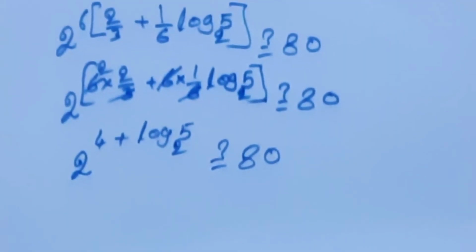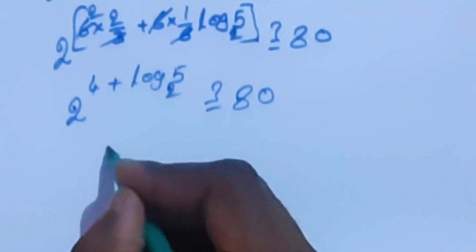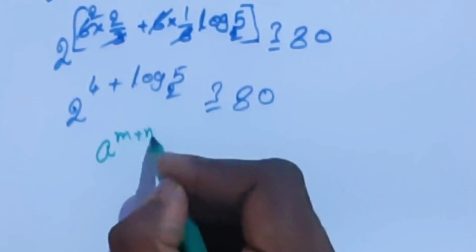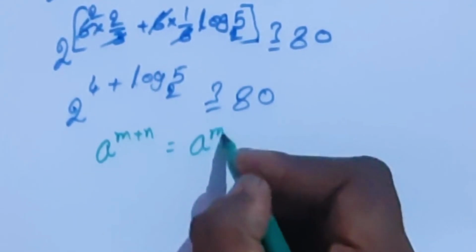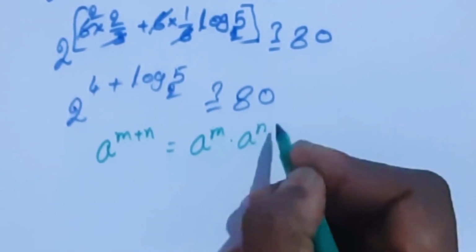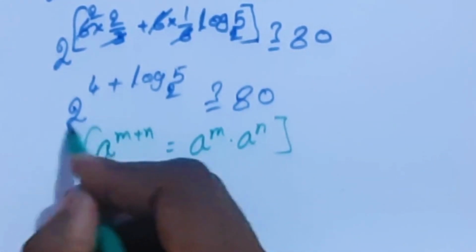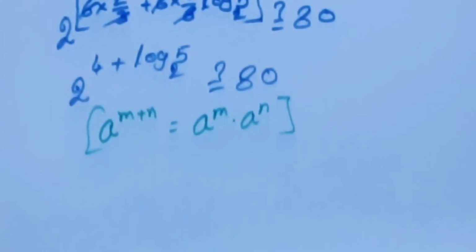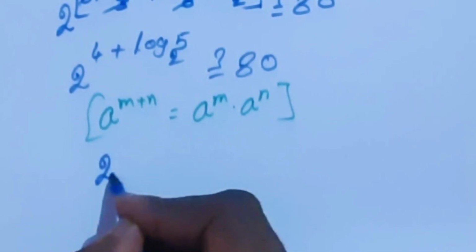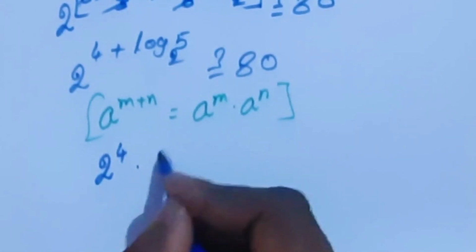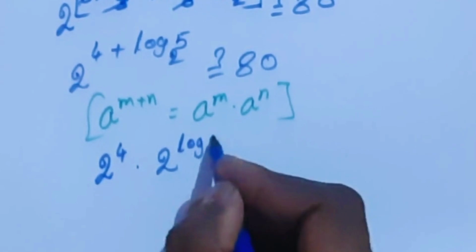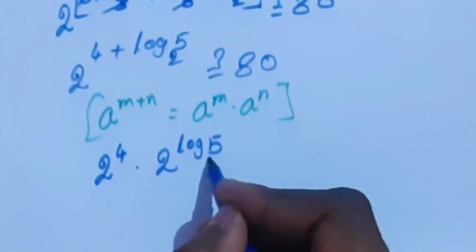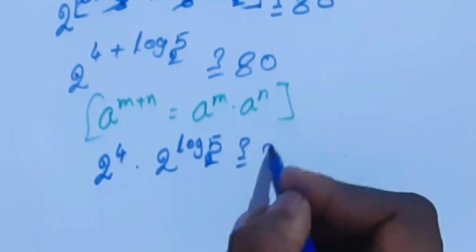Here we are going to apply this exponent identity that a power m plus n equal to a power m times a power n. This exponent identity we are going to apply here. Here 2 power 4 times 2 power log 5 base 2 equal to 80.